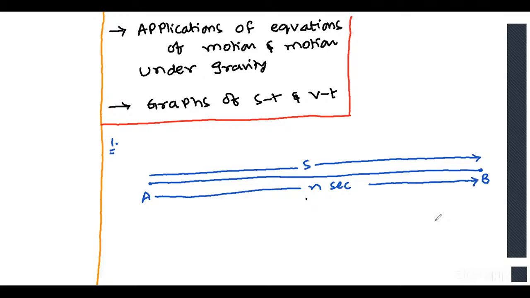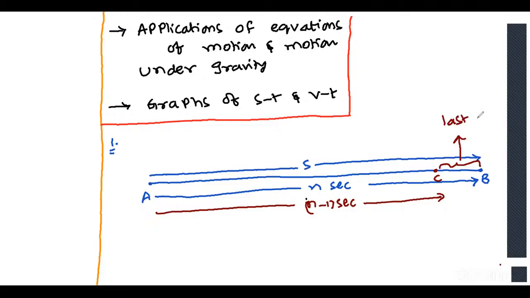Now let us consider a point, suppose C. From A to C, it takes a time of n minus 1 seconds. That is, this is the last second. In this last second, I want to find the distance.